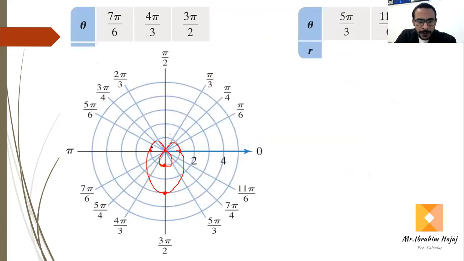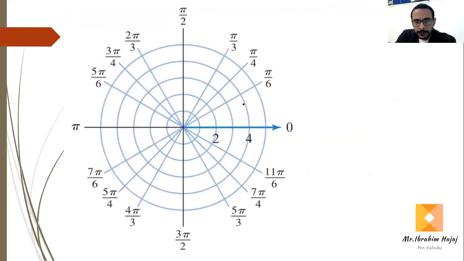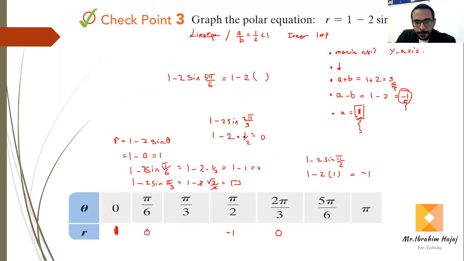It's here. So 1 minus 2 times half, 1 minus 1, also 0. Yes, 0, 0.